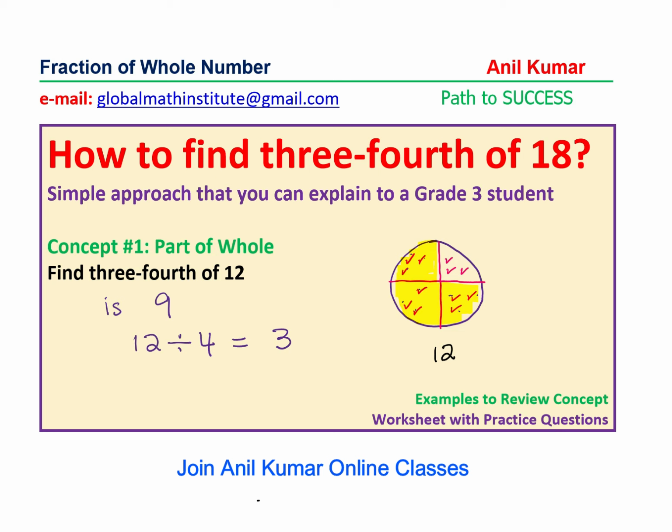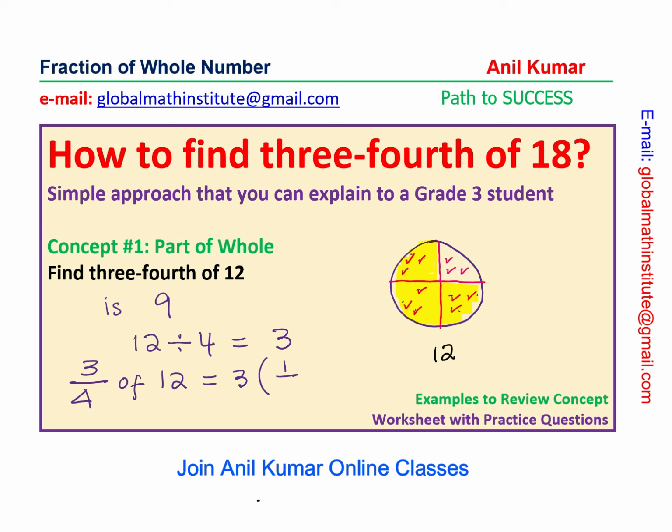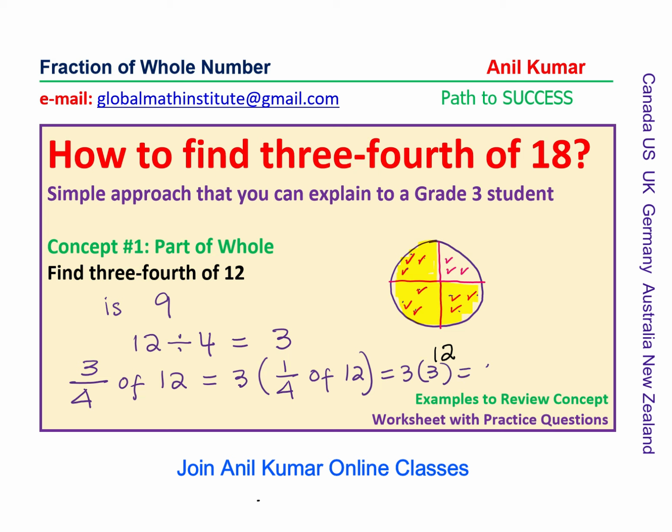Now, we are trying to find 3/4 of 12, right? So now we know that 1/4 of 12 is 3, right? So we are multiplying 3 with 3 to get the number 9, right?